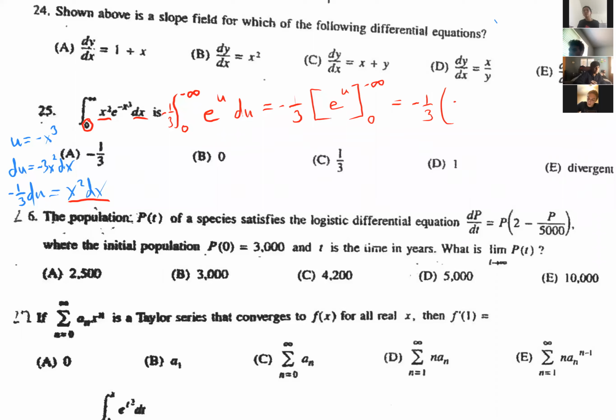That's just going to go to 0. So as u gets smaller and smaller, e to the negative 10, e to the negative 100, e to the negative 1,000,000, e to the negative 1,000,000,000, that starts getting closer and closer to 0. Minus, when I plug in 0 for u, e to the 0 is just 1. So negative 1/3 times negative 1 is just positive 1/3. So it's going to be letter C.